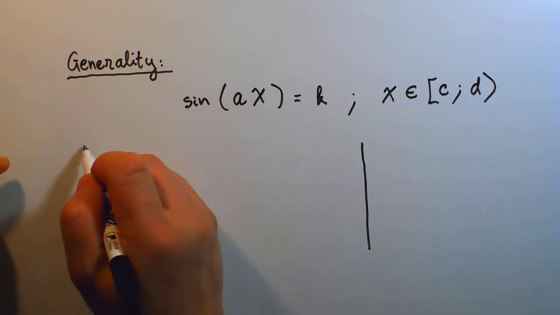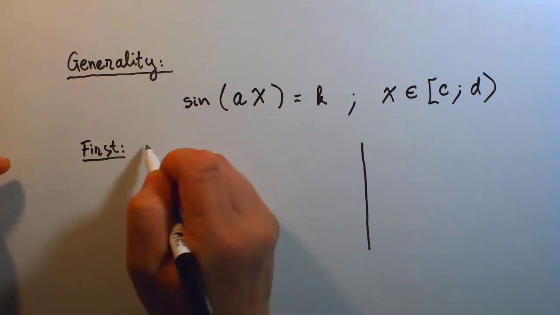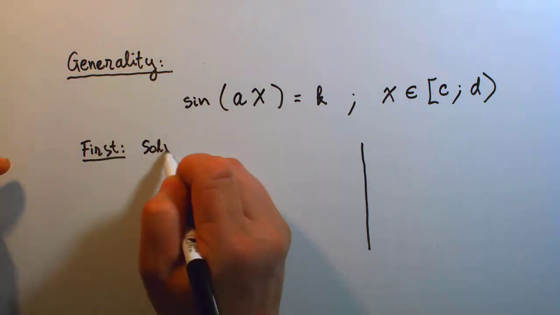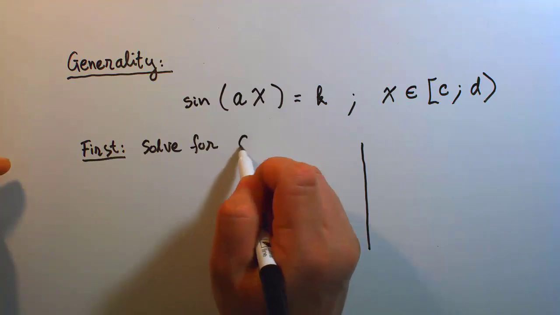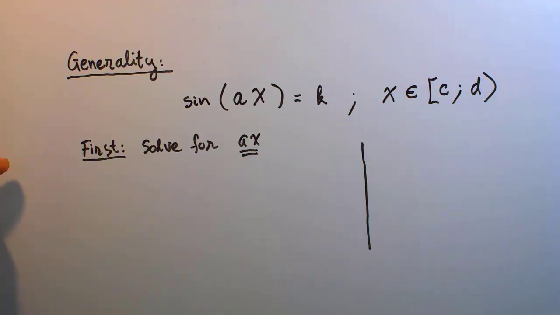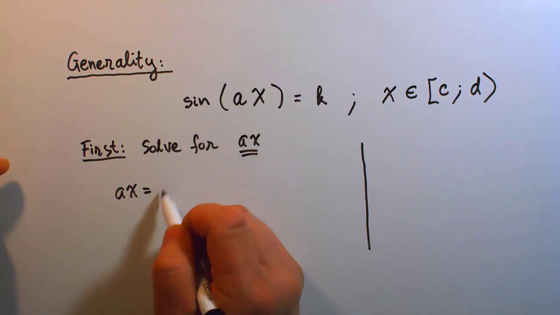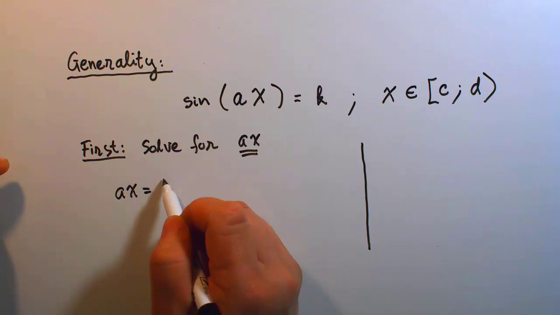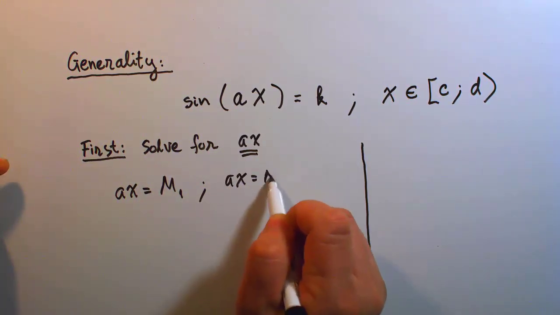The first key step is that from this basic equation we are solving for, we first solve for ax. We solve for ax as one variable. And so ax can be equal to some value, say m1, ax can be equal to some value m2, and so on and so on.